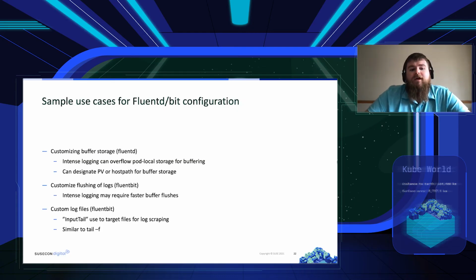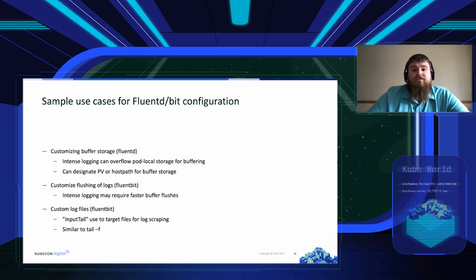For Fluentd, we may want to customize flushing of logs. In our example of intense logging, we may have many nodes collecting hundreds or even thousands of pods worth of logs. In these cases, those could be high traffic applications generating tons of log entries per second. We may want to increase the buffer flushes in this case so that our Fluentd instances don't also suffer from a buffer overrun.